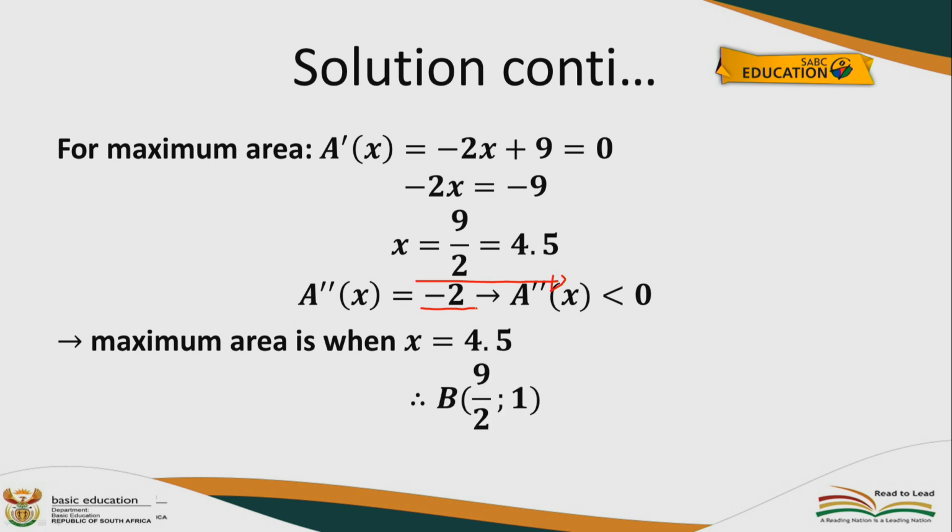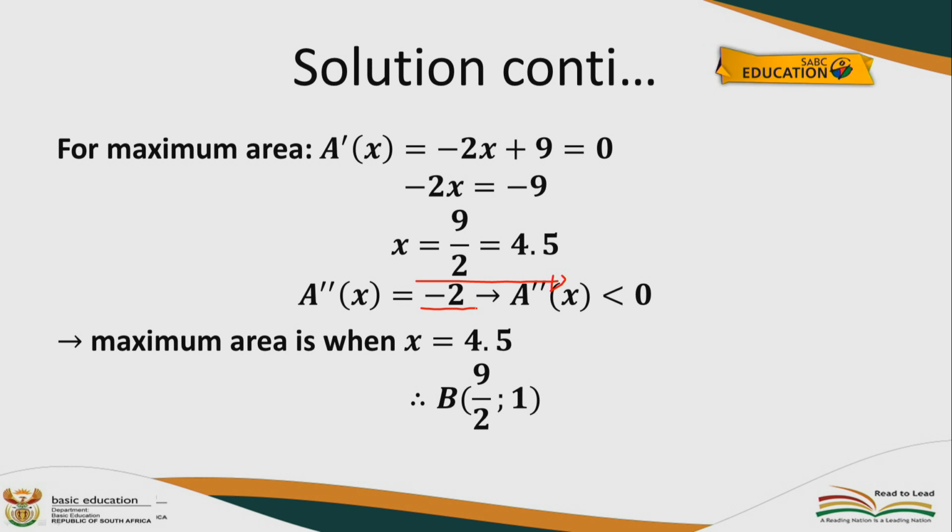Now let's look at what the question wanted us to do. They wanted us to find the coordinates of B such that our area will be a maximum. And you will remember that our point B, we said was x, -2x plus 10.